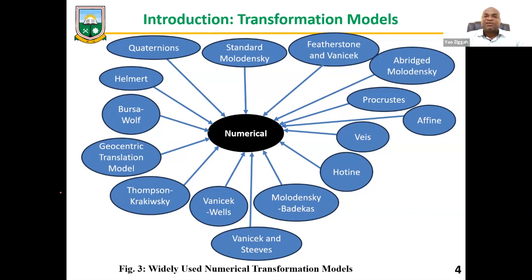But all these conventional models that have been proposed are based on different computational procedures. For example, Bursa-Wolf, when you use it in a smaller area, the transformation parameters that you determined, the adjusted parameters, are said to be correlated.